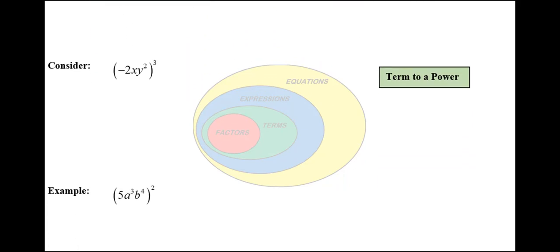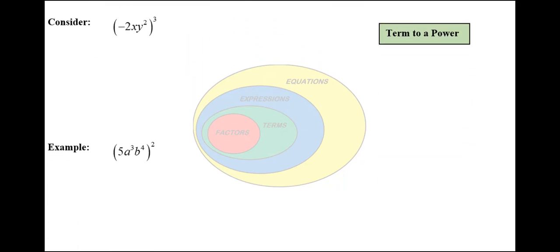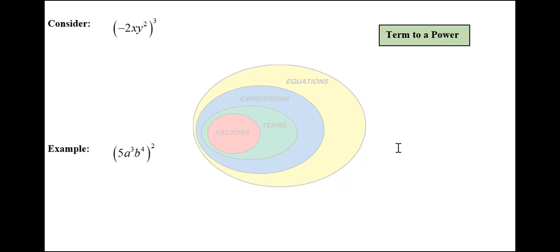What happens if you have a situation like this? It's very similar to the one we just did. You notice we still have parentheses, and we have this outside power. So again, we'll go through this.